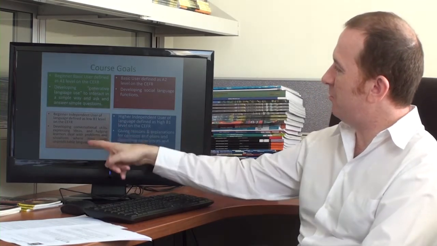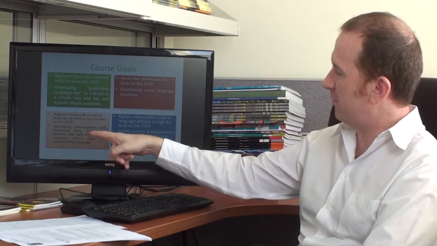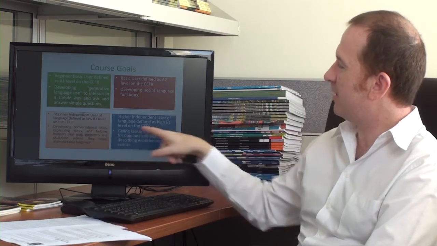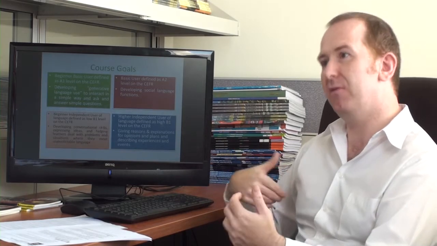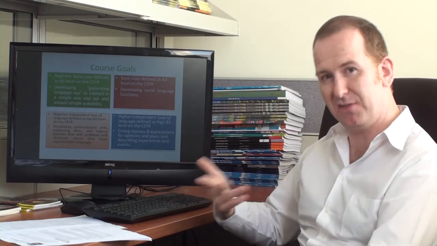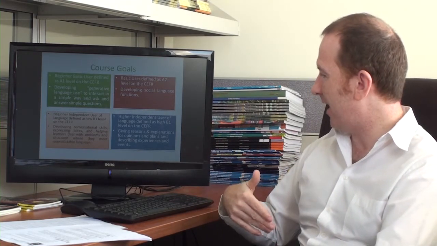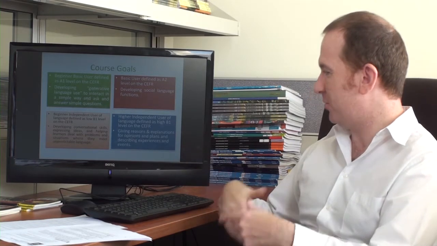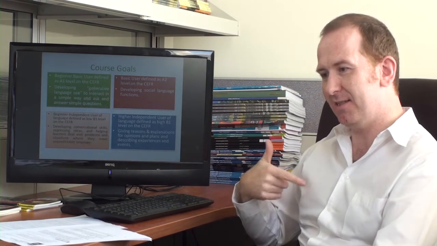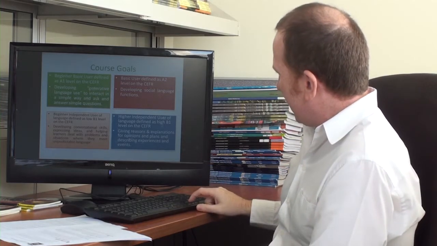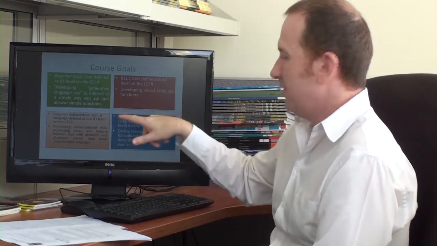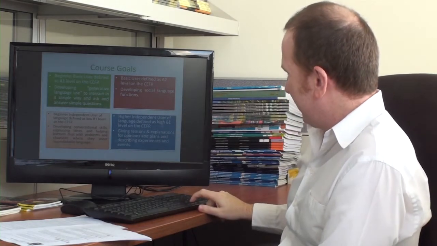In addition to what they're able to do at 103, they should also be able to not only give opinions, but give reasons and explanations for their opinions, and plans. They should describe experiences and events in some detail. But as you can see, these are general statements.